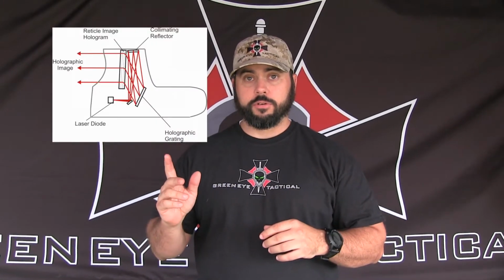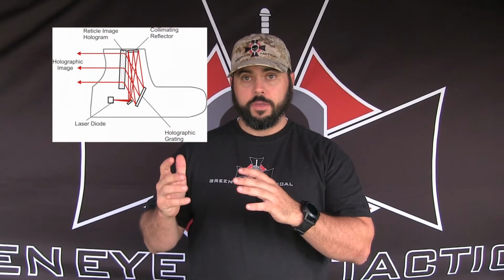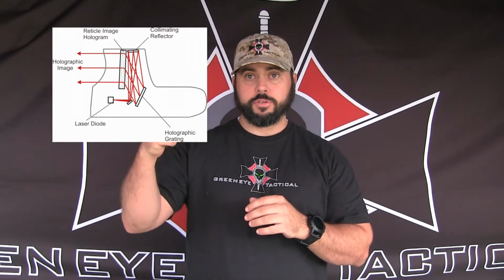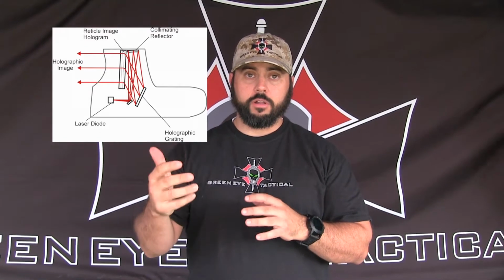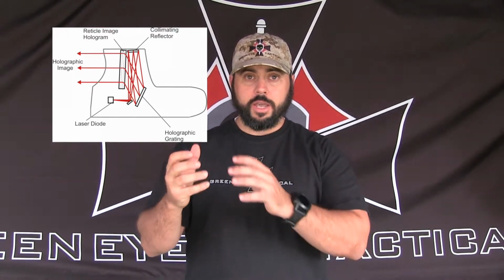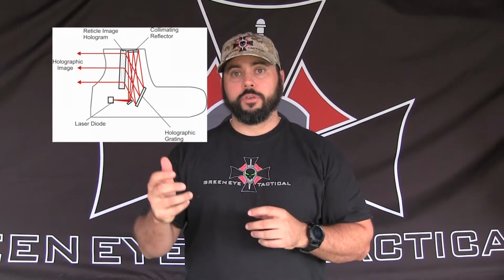Now, our red dot sights, like this EOTech here, they actually kind of work on a different principle. It has a series of collimating mirrors inside that correct the perceived position of that holographic red dot and compensate for the angle that we're looking through.